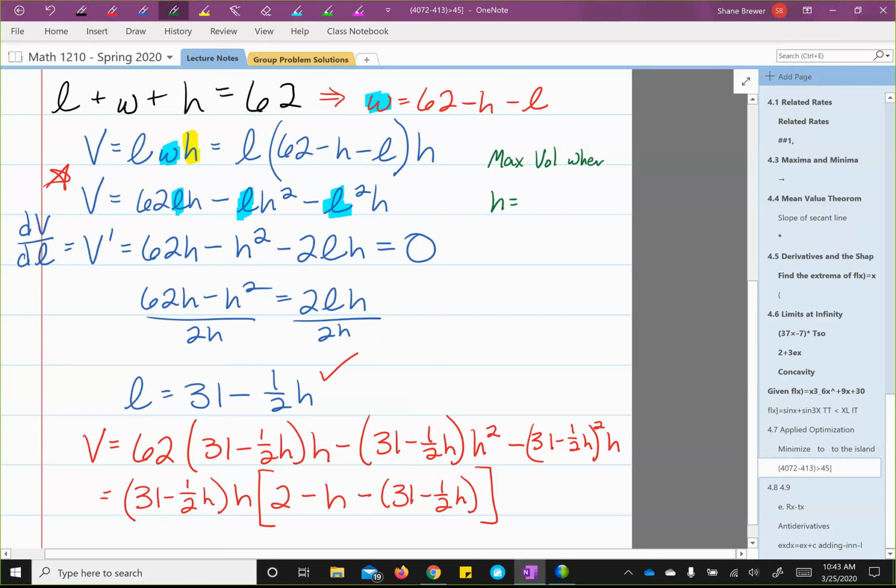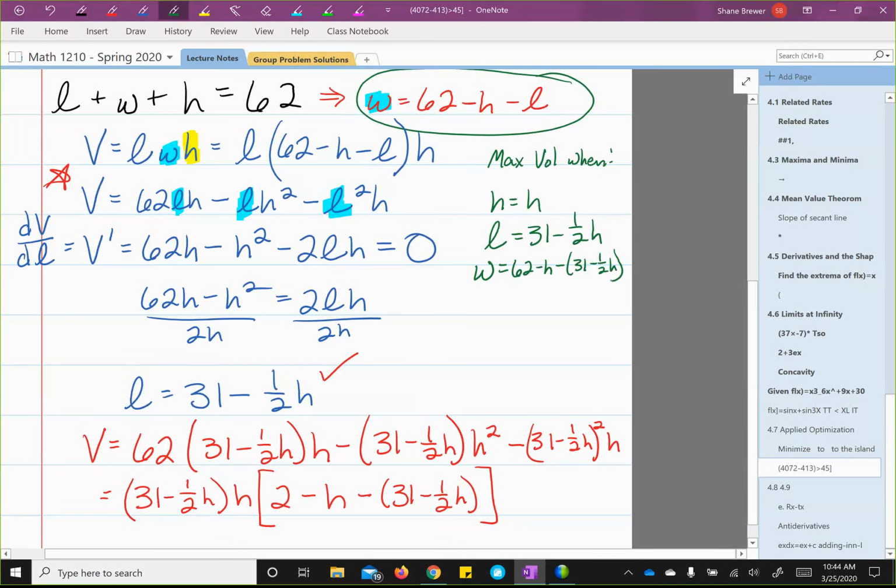So we have max volume when h equals h, when L equals 31 minus 1/2 h, and when W is equal to, look right here, 62 minus h minus 31 minus 1/2 h.